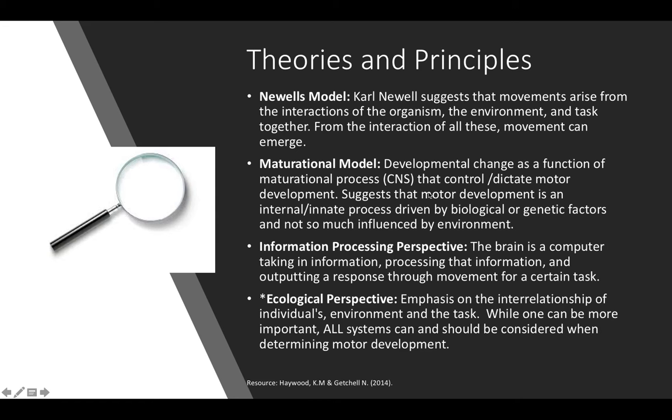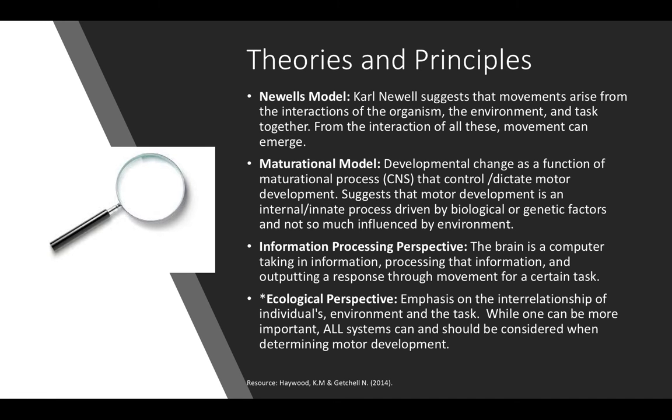And then we have the maturational model, in which developmentalists say that changes occur due to the central nervous system, which basically dictates motor development. Then we have the information processing perspective, which is like the brain as a computer: we have an input of some kind of information, then the processing of that information, and then an output response, which is human movement in response to that task.